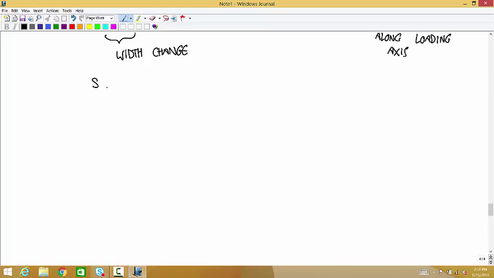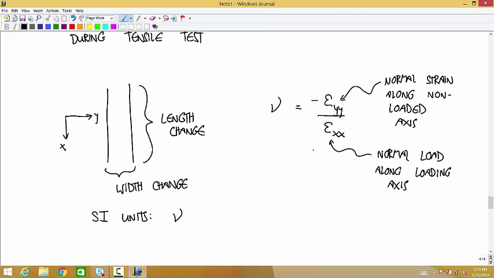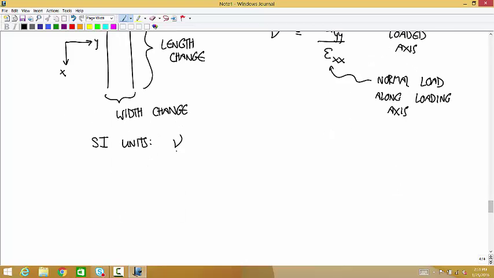The SI units for Poisson's ratio: well, you can see you have a strain divided by a strain, and so this is unitless.